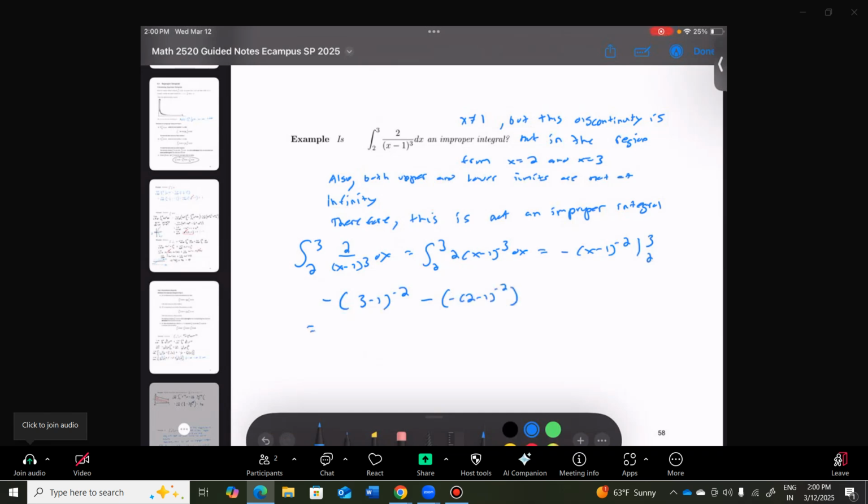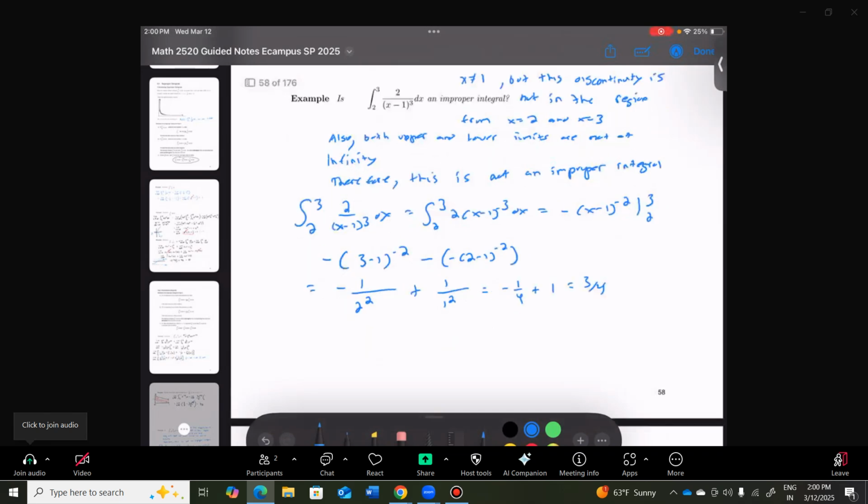Right, so I'm going to move these to the denominator. So negative 1 over 2 squared plus 1 over 1 squared. So negative 1/4 plus 1 is 3/4. No need for limits as t going to infinity because it's not an improper integral.